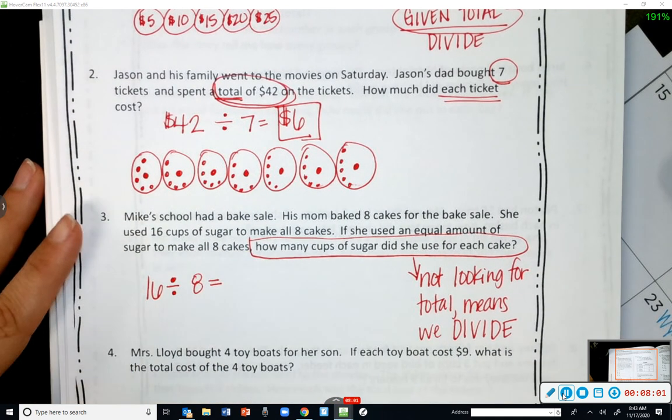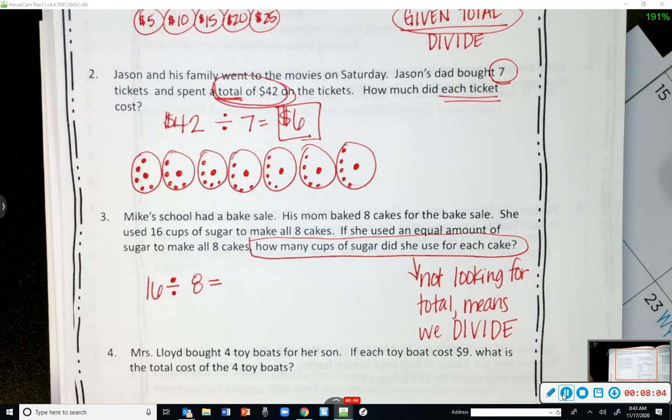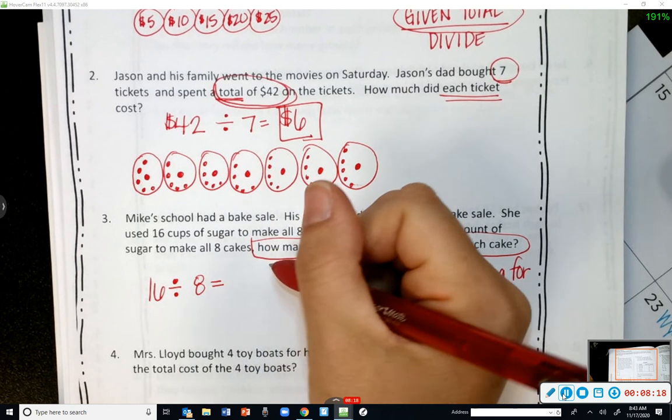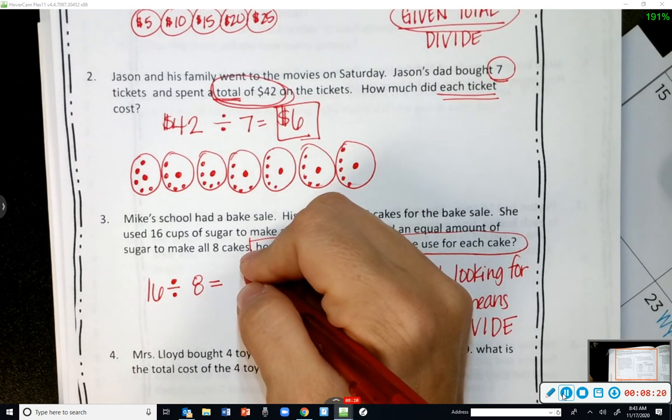Okay? Use an array. All right, Gregory, what can I do to solve this? You can make an array. How would I make an array? You would make 8 down and then keep going 8 down until you get to 16. Okay, good. Is it important that I make it nice and neat? Yes.